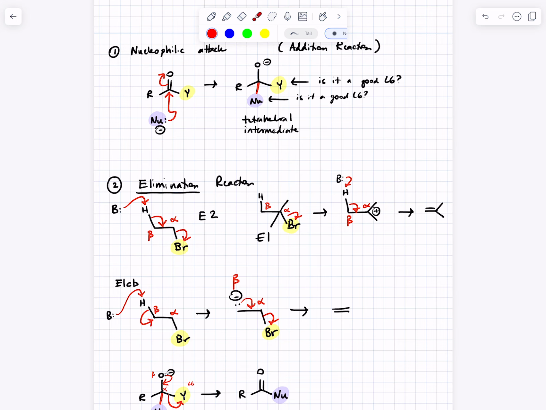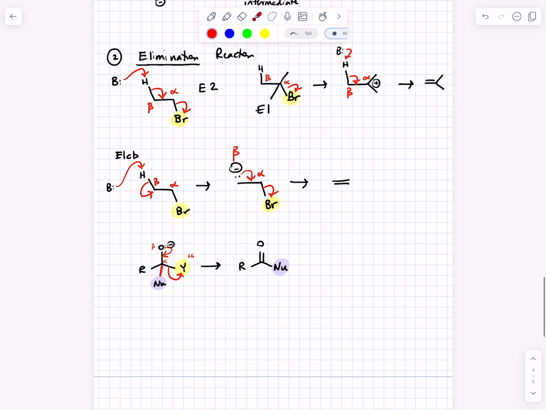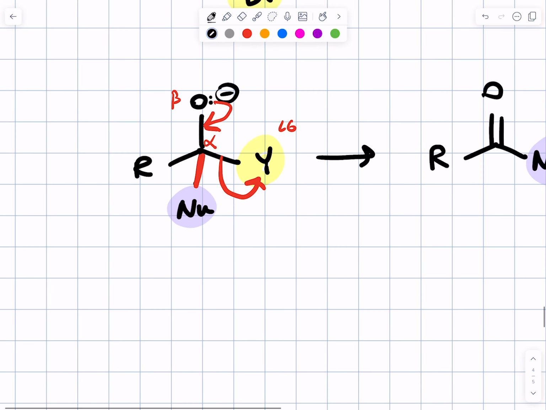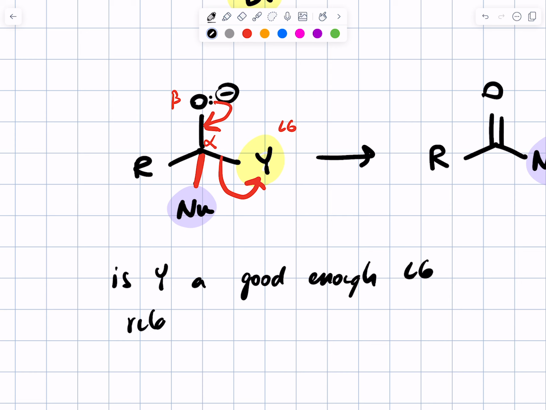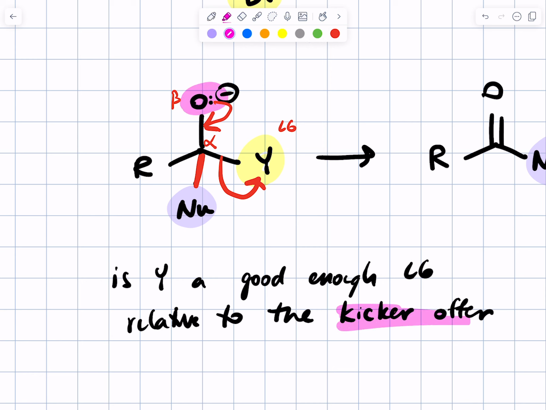Here is the what that I want you to be thinking about. The question we're going to be asking is, is Y a good enough leaving group relative to what I'm going to call the kicker offer, which will be this negatively charged oxygen, what used to be the carbonyl oxygen. The kicker offer is a negatively charged oxygen.